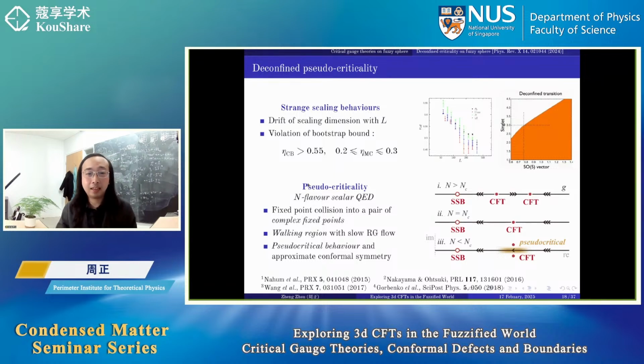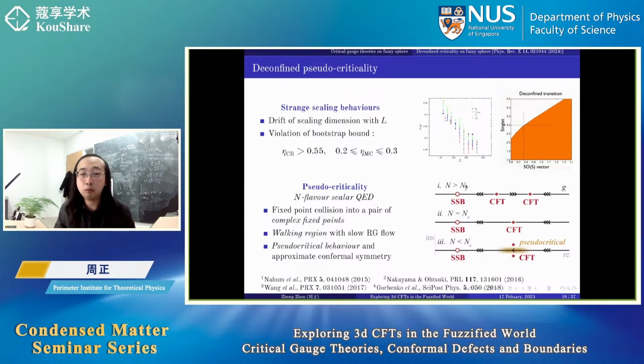To explain the idea of pseudo-criticality, we put the deconfined criticality into the context of gauge theories. For example, the n-flavor scalar QED. So at large n, this theory is known to be conformal with two conformal fixed points, one attractive and one repulsive, describing the scalar QED and the tri-critical QED.